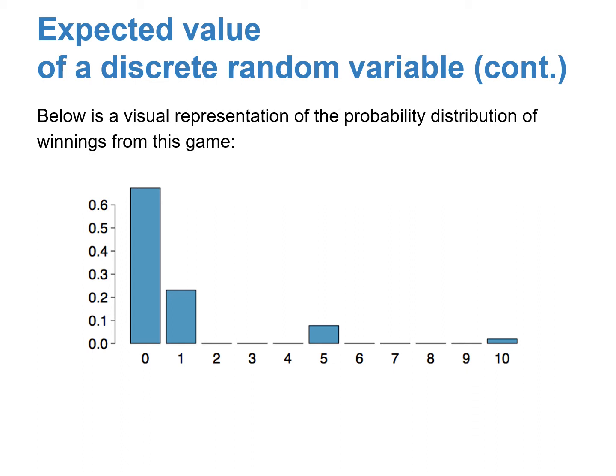Here I have my values, little x, of the winnings. And here I have the probability that the winnings takes on each of those values, displayed on the vertical. And remember, the expected value was about 0.81, so between 0 and 1 was my expected value of X, 81 cents.